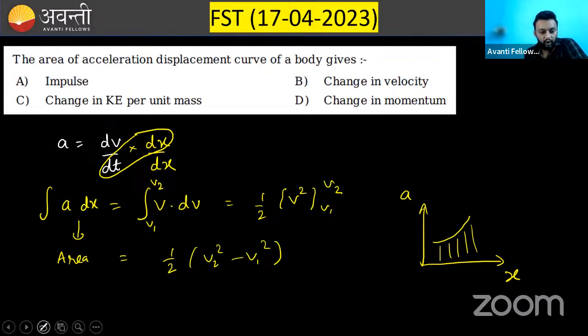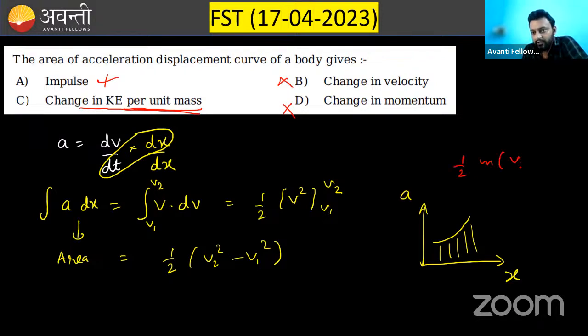So identify from the options. If I say it is not impulse, it is not change in velocity, it is neither change in momentum. Now, in the third statement, if I see change in kinetic energy per unit mass. Kinetic energy is what? Half m (v2 square minus v1 square).